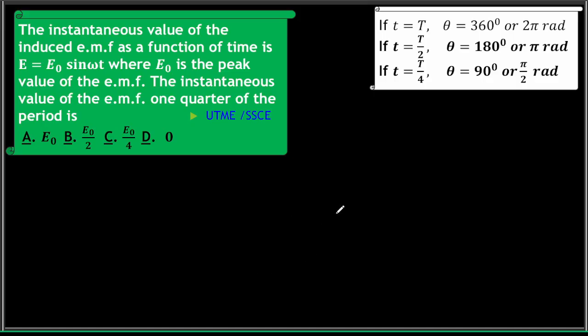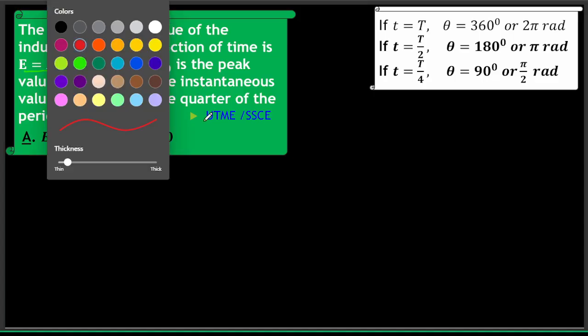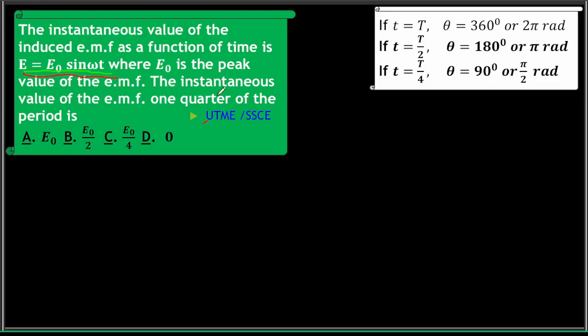So if you actually understood what I just explained, you can answer this question. It's a jump question. The instantaneous value of the induced EMF as a function of time is this, where E naught is the peak value of the EMF. The instantaneous value of the EMF at 1/4 of the period is what?